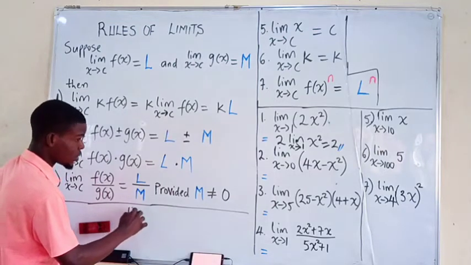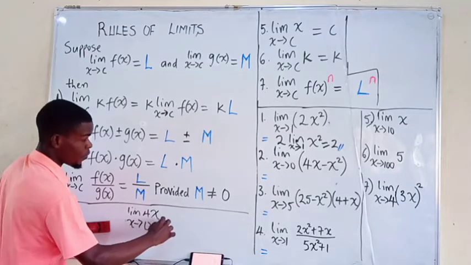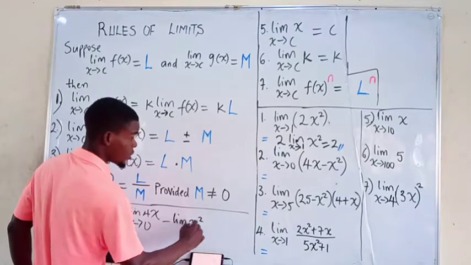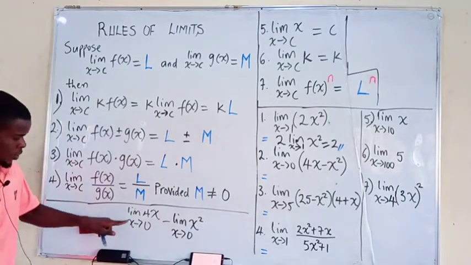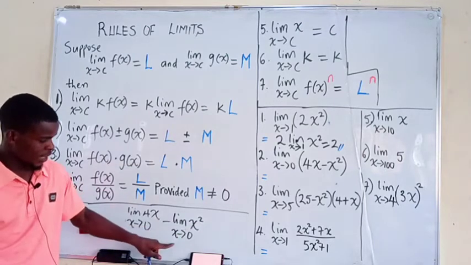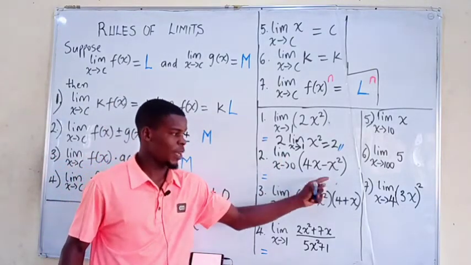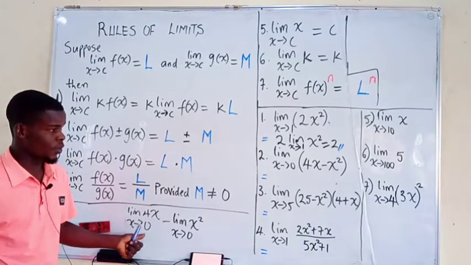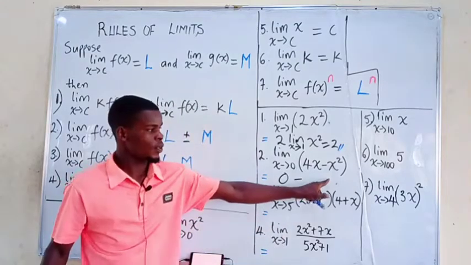So we say the limit of 4x as x tends to 0 minus the limit of x squared as x tends to 0 is the same thing as the limit as x tends to 0 of 4x minus x squared. All right, so 4x as x tends to 0 will be 0, then minus x squared.